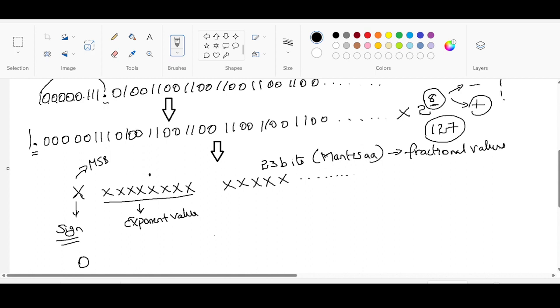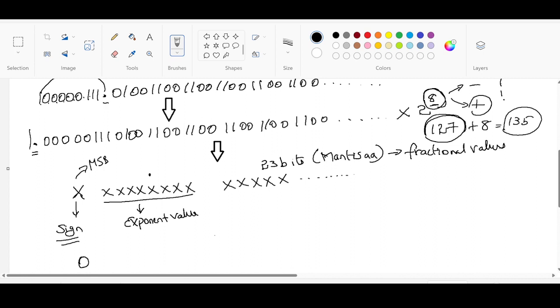If the exponent is a positive number, add it to 127, so 127 plus 8. If it is a negative number, subtract. Since it is a positive number, we get 135.